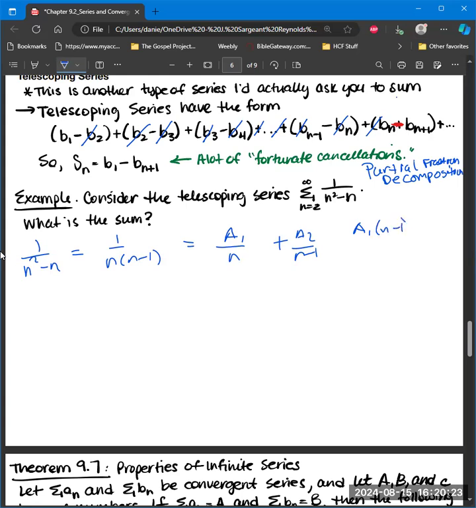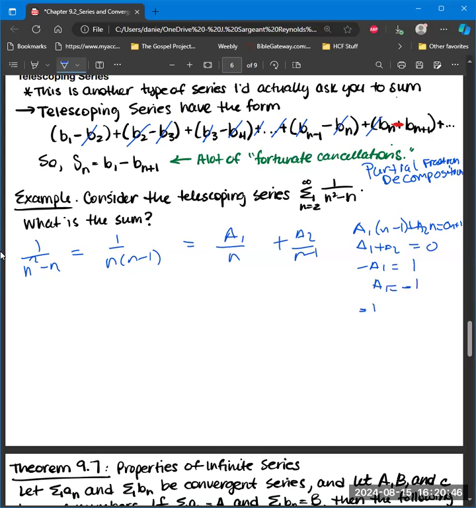So we're going to have a1 times n minus 1 plus a2 n needs to be equal to 1. So a1 plus a2, the n parts, need to be equal to 0 since this is 0n plus 1. And negative a1 is equal to 1. So a1 is going to be negative 1.